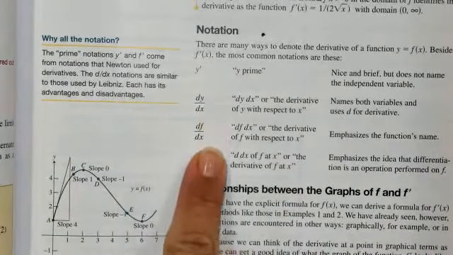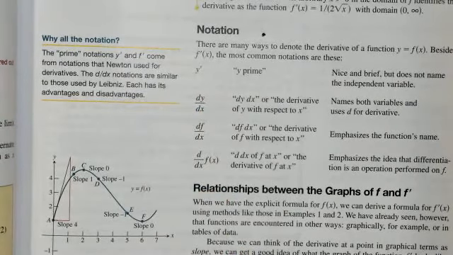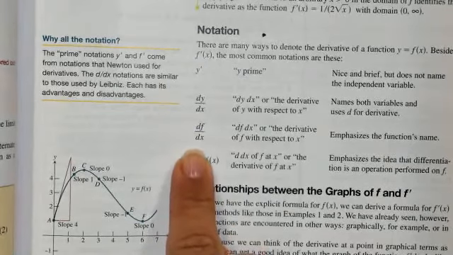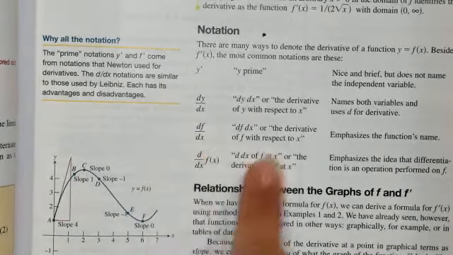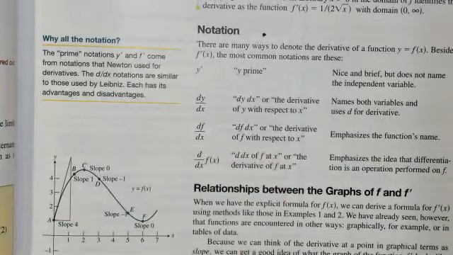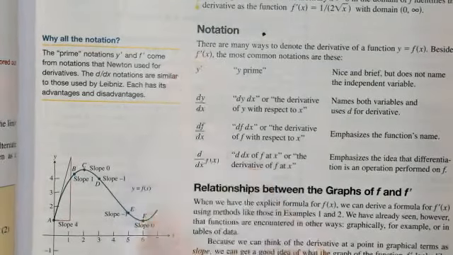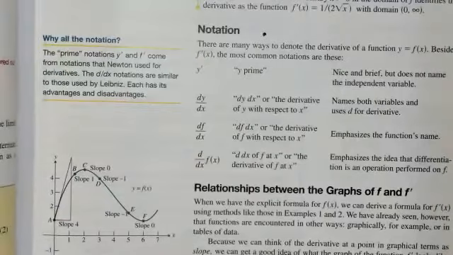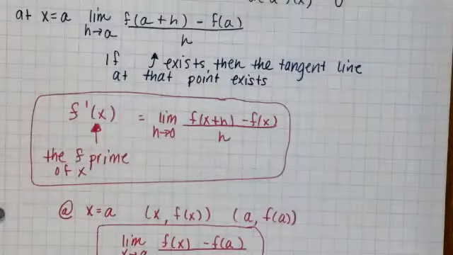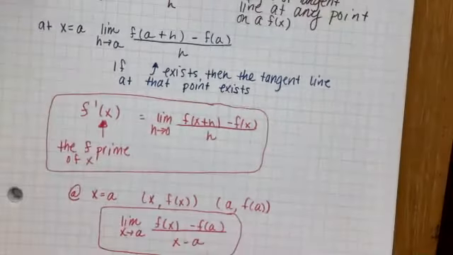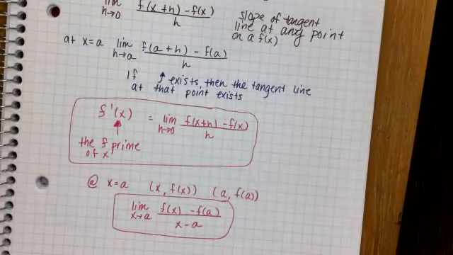You will see these other versions, and we'll talk about those more. dy dx and df dx are another way to talk about a derivative of a function. It's all about notation. We are going to use primarily right now f prime of x.